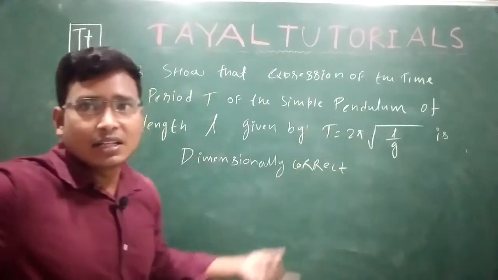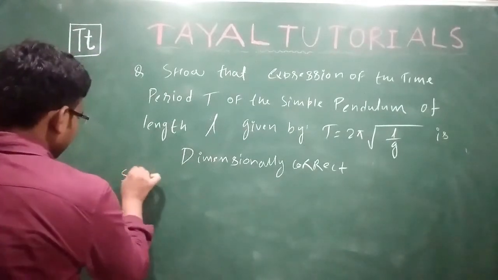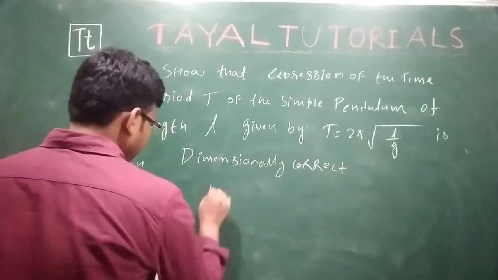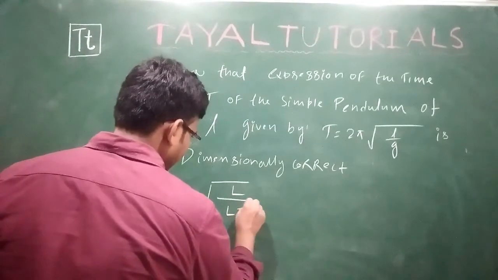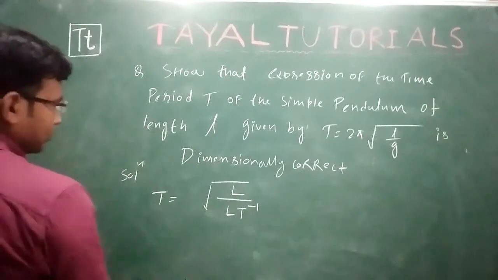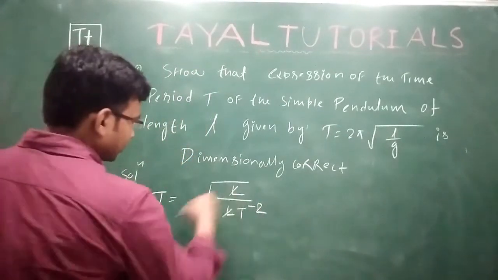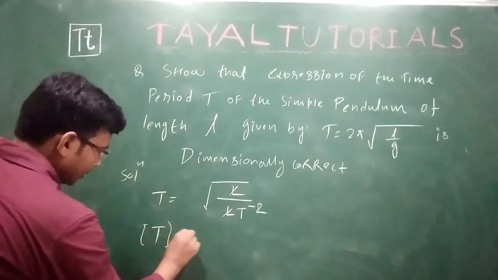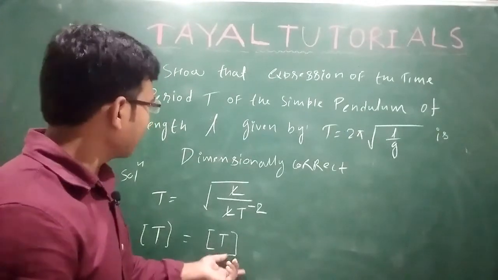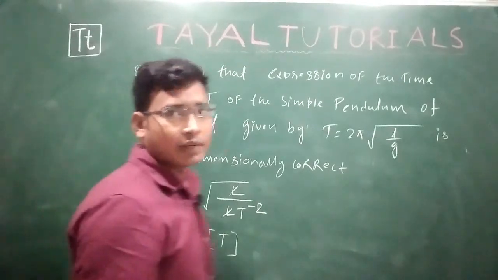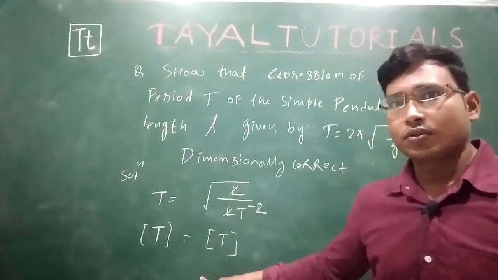Time we take as capital T. Now L is length, and g is LT minus 2, so L and L get cancelled, and under root of T square, it will be T. On the left hand side the dimension is T, and on the right hand side it is also T. So this formula for the simple pendulum, T equals 2 pi under root of L by g, is correct, because we have seen that dimensionally this equation is balanced.